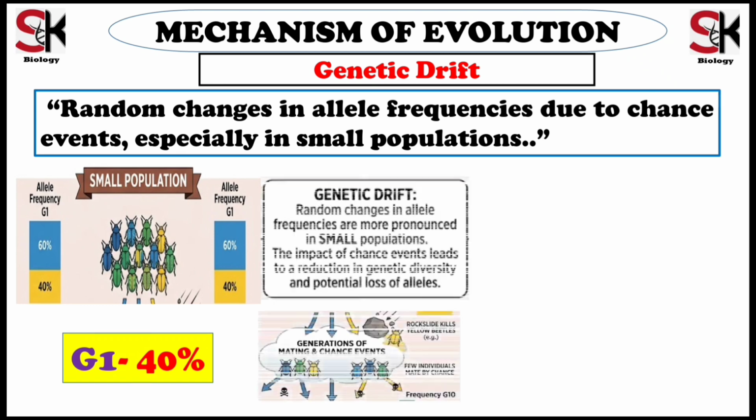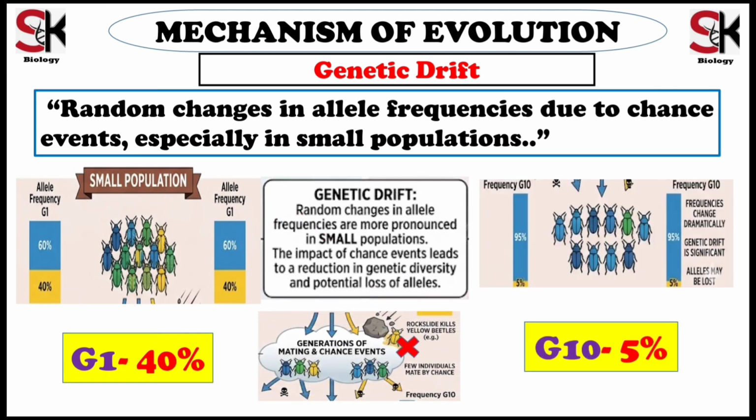If there is genetic drift in this small population, and there is loss of yellow beetles, it will result in a reduced population of yellow beetles to 5%. It is due to genetic drift. This example shows that allele frequency changes drastically due to genetic drift.